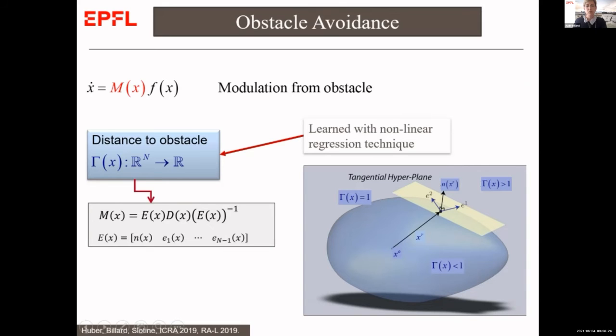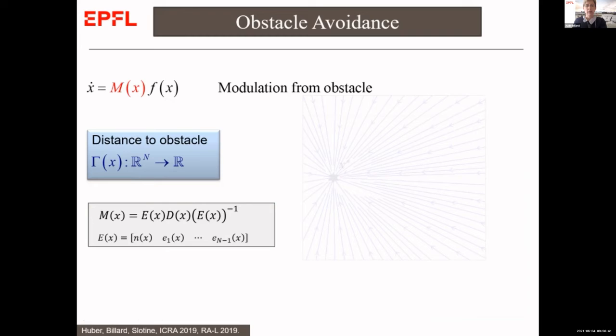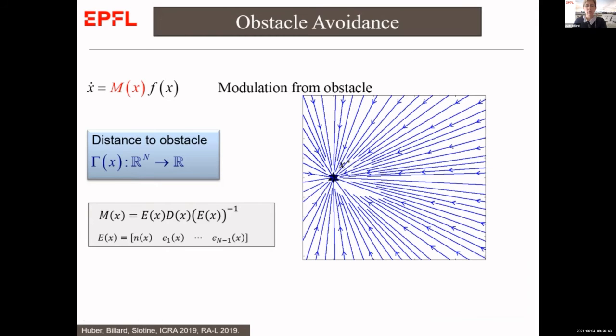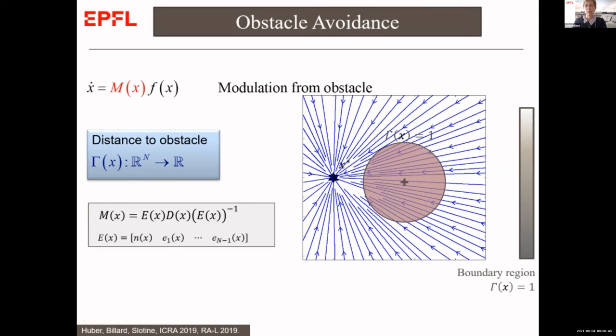The first entry of my eigenvector is going to be the normal to my surface, and then all the others are simply orthogonal directions from the hyperplane. So I can do that, and that gives me these three variables that feed into my eigenvectors. And then I can also choose the eigenvalue to deflect the flow. I'm going to explain this, but you can check the paper if you're interested. I'm happy to discuss this later.